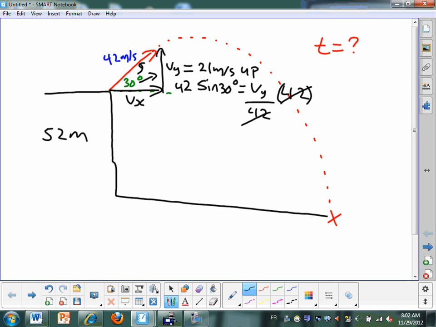Now, the other one, the Vx, is going to be cosine 30, because this time I'm using the adjacent side and the hypotenuse, is equal to Vx over 42. And once again, to solve for the velocity in the x direction, I'm going to times both sides by 42.